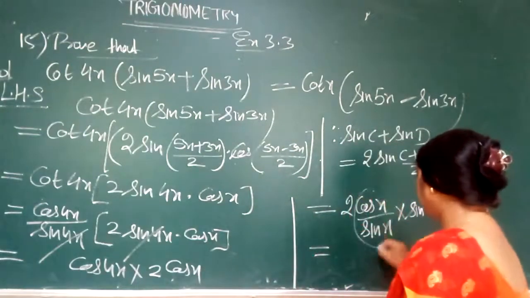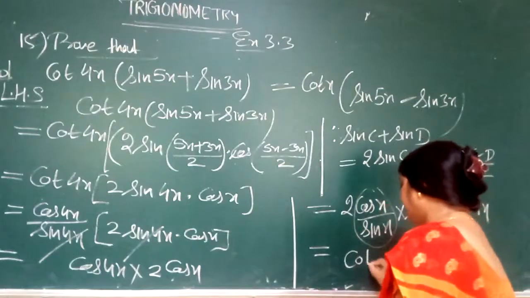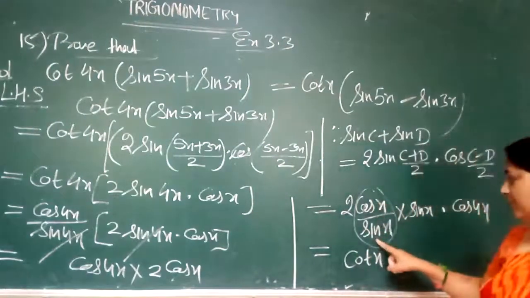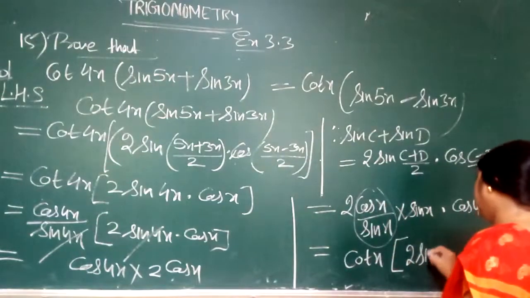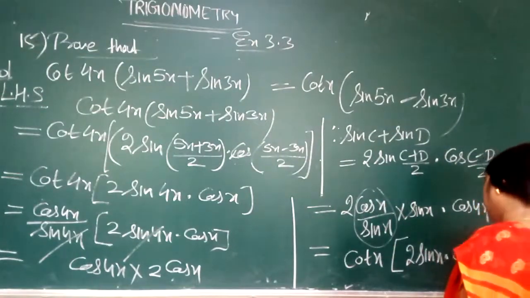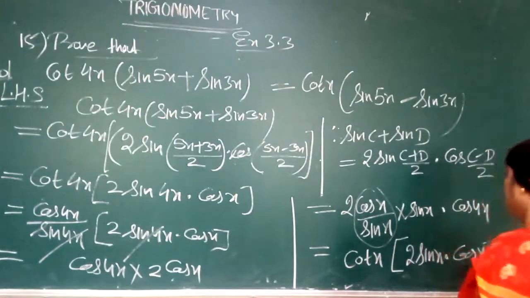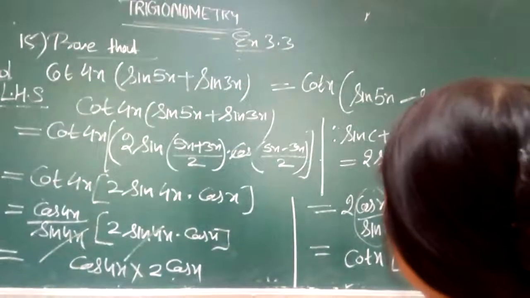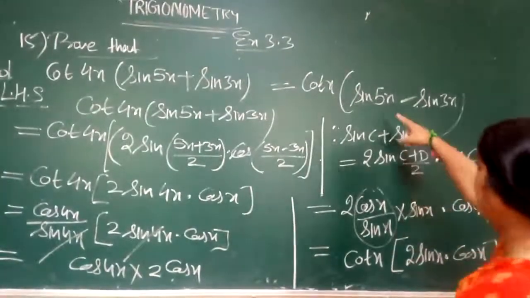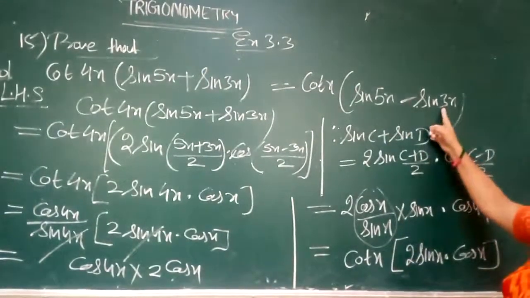Cos x by sin x is cot x. We can write it in this way, cot x, and write this term here, 2 sin x cos x. Now students, after this step we will apply the formula. Now we have to change this term to sin 5x minus sin 3x.